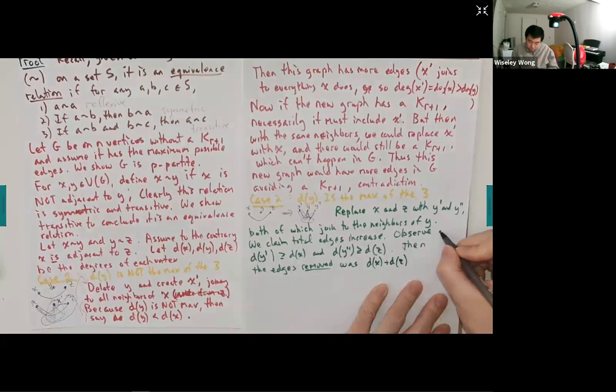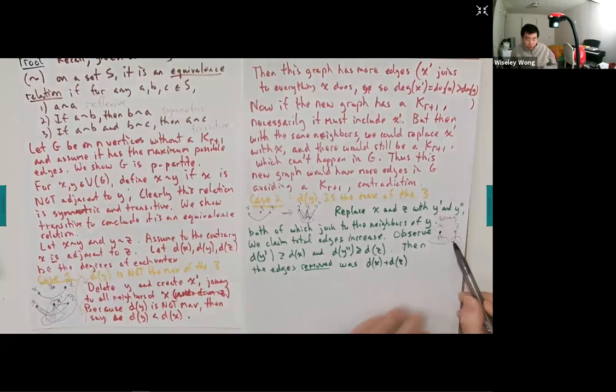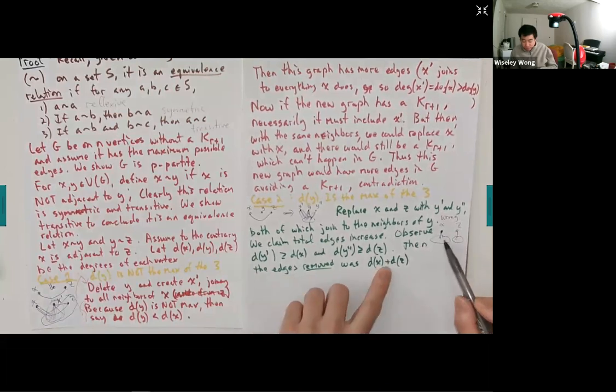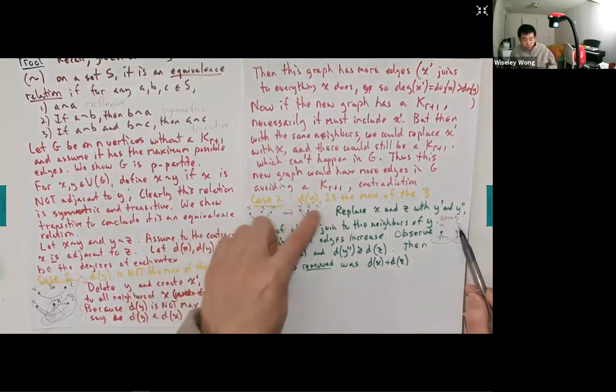So again, what you have to make sure you're not deceived by is the neighbors of this. If this was x, it's not correct to say it looks like this. I would agree that the total edges removed would have been this if they looked completely disjoint like this. That's how many edges you would have lost replacing x and z with y prime and y double prime.